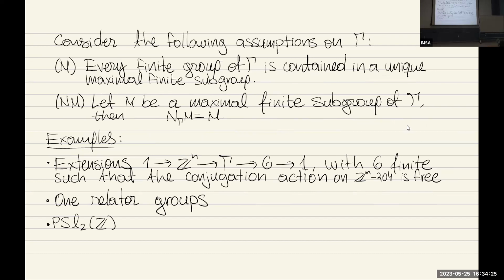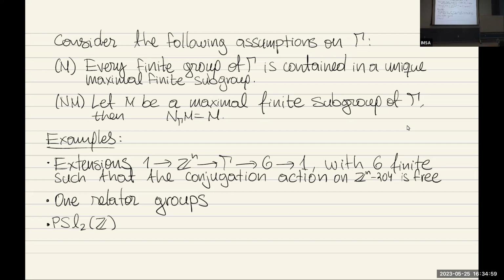In general, it's not easy to construct models for E-bar gamma, but if you consider the following assumptions on gamma, it's possible to construct good models for E-bar gamma. The assumptions are: the first one is the M property. It says that every finite subgroup of gamma is contained in a unique maximal finite subgroup. And the second one is the NM property.